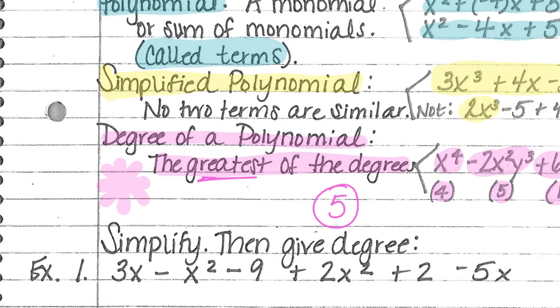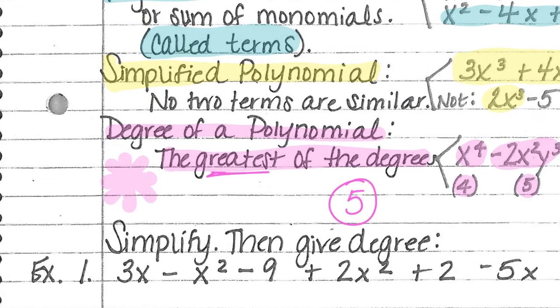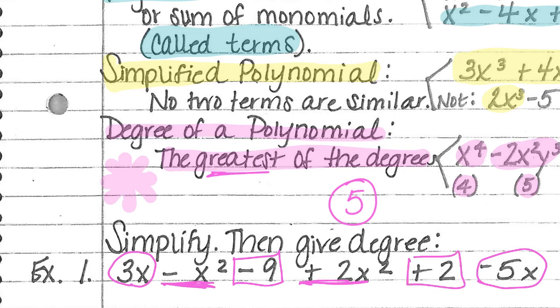So the first question says to simplify, then give the degree. So I'm going to add like terms here, and I'm just going to underline what's alike. Remember the sign in front goes with it. Sometimes I circle, sometimes I underline, sometimes I box. All right, so let's go in descending order.